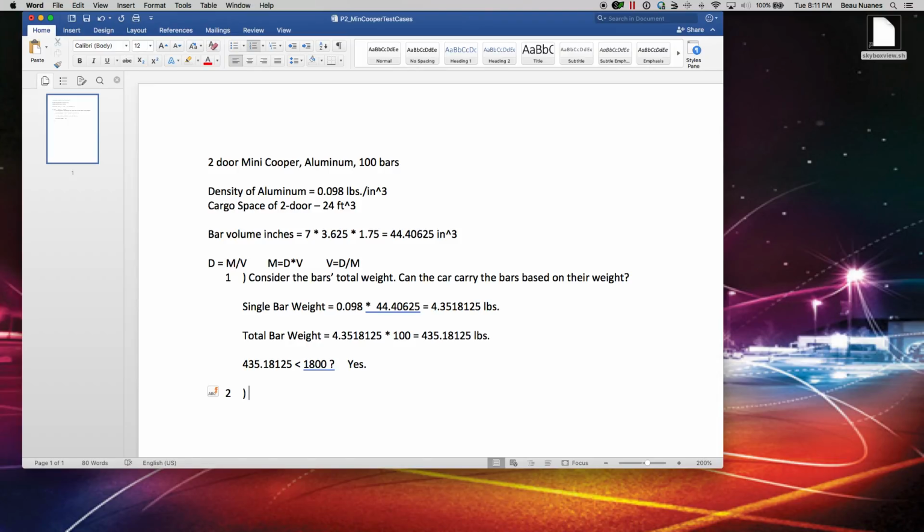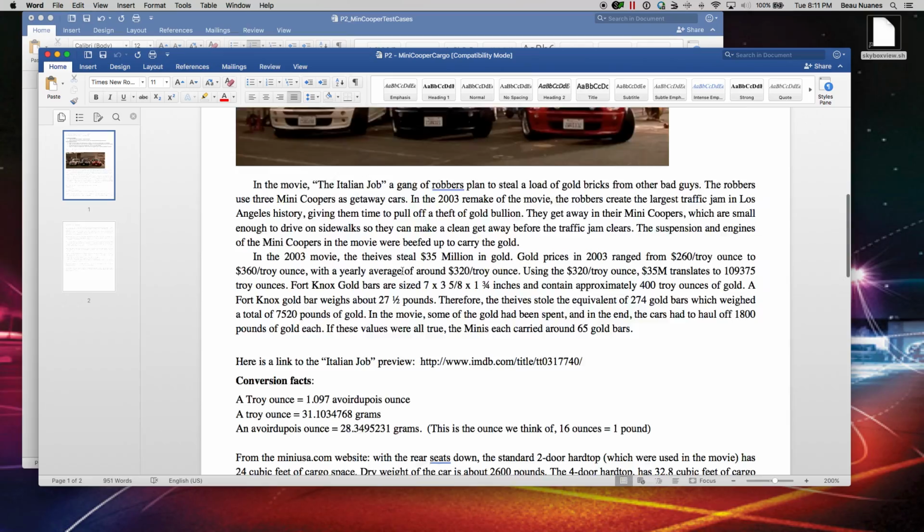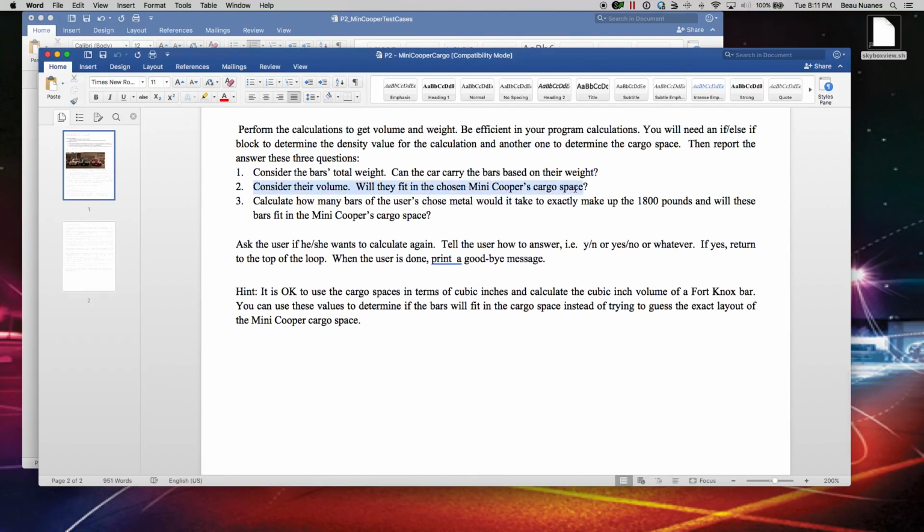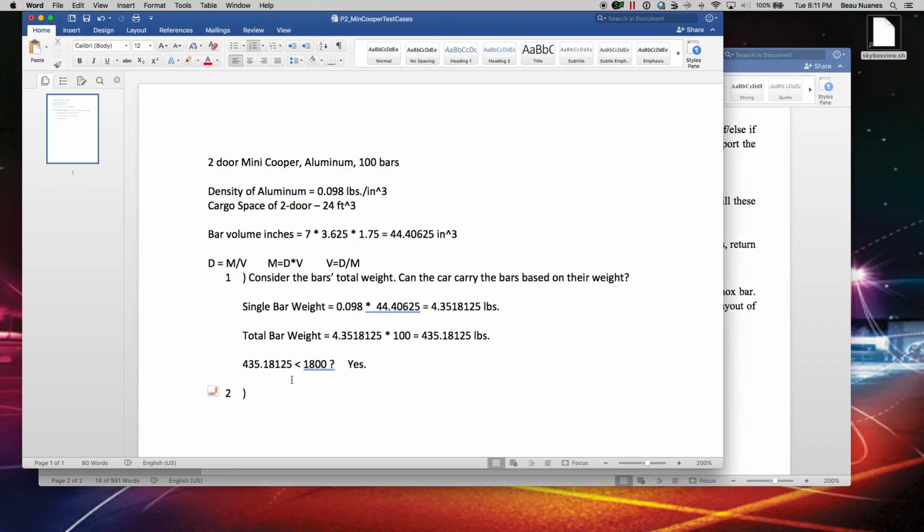So that's the first question. Well, our next question was from the spec. Consider the volume. Will they fit in the chosen Mini Cooper space? So let's put that question here.